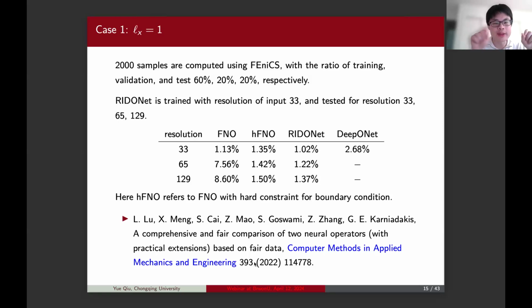Let's say one is 3 points and one is 5 points, so the 5 points cover the 3 points. In your 1D domain from 0 to 1, for 3 points you have 0, 0.5, 1, and for 5 points you have 0, 0.25, 0.5, 0.75, and 1. Whether this analytical output, let's say at location 0.5, is the same or not? I think they should be the same.